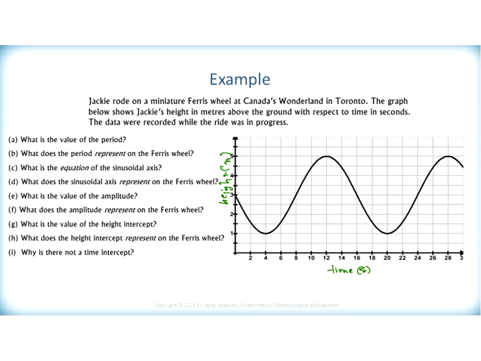What is the value of the period? So looks to me like from max to max or from min to min. From min to min will give us our period, and that is from 4 to 20, which is 16 seconds.